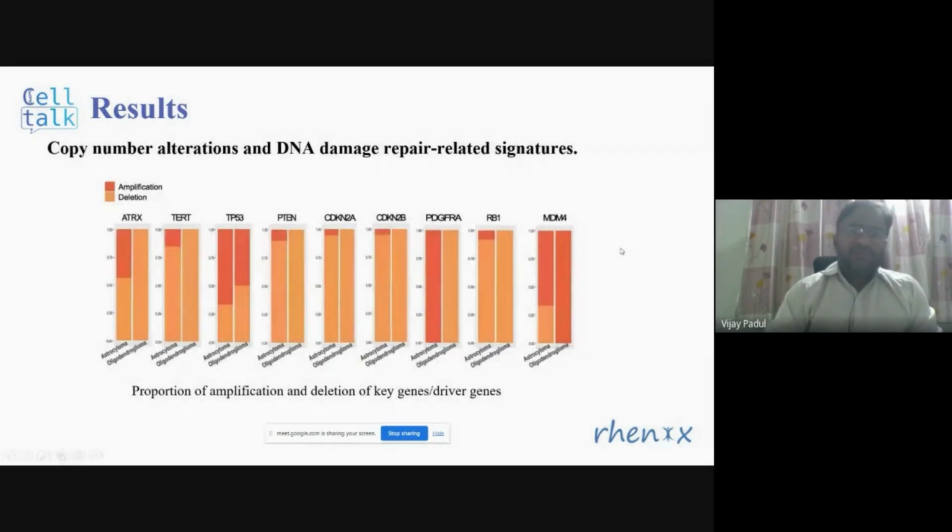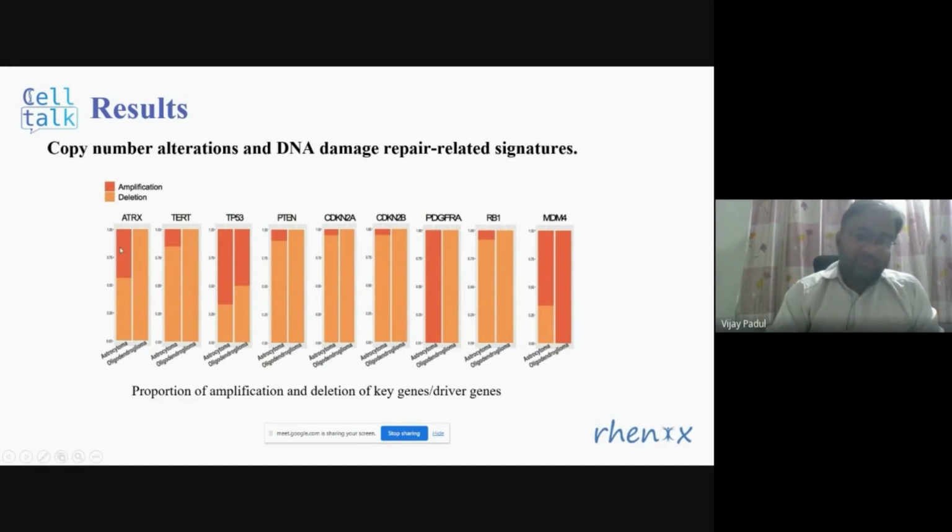The next, they performed copy number alteration analysis and DNA damage repair related signatures. And here they are showing the proportion of amplification and deletion of key genes or the driver genes in the glioma. So ATRX, TERT, TP53, PTEN, CDKN2A, B, PDGFRA, RB1, and MDM4.